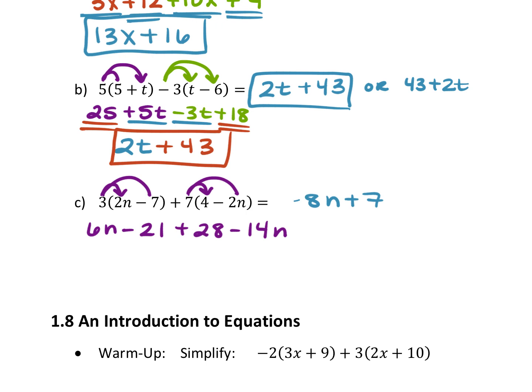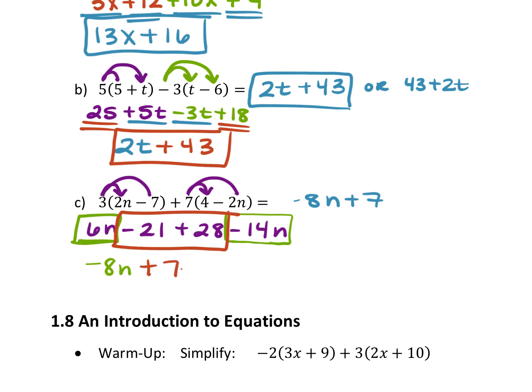When we combine like terms here, this is 6n minus, right? Keep the sign in front of the number. So 6n minus 14n, that's a negative 8n. Your next one then, negative 21, not 21, right? You got to keep the sign in front. Negative 21 plus 28 is a positive 7, and that is your answer.